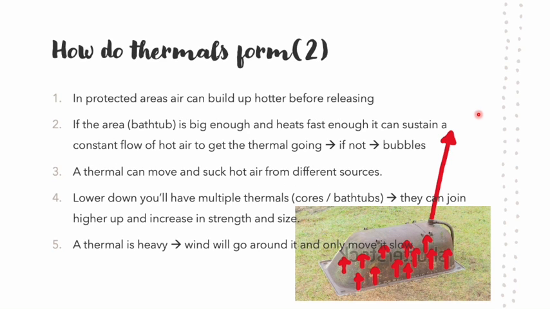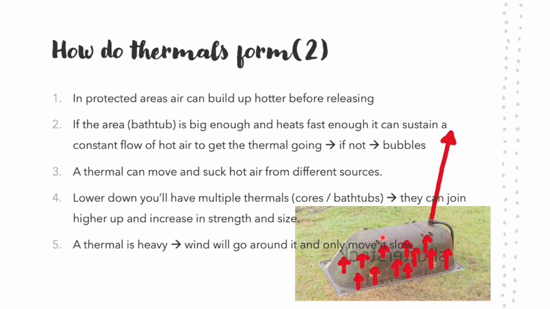So a couple of things to say about that picture and those thermals. First of all, in protected areas, air can build up hotter before releasing. When that release happens, it really is a function of how easy it is for the wind to maybe push up that bubble onto a row of trees, how easy it is for, maybe, sheep running on the field to throw up that bubble a little bit, and because it rises a little bit, it keeps on going.